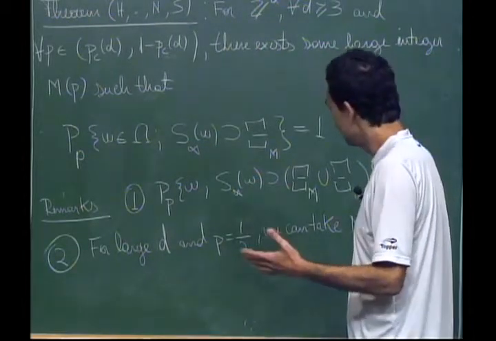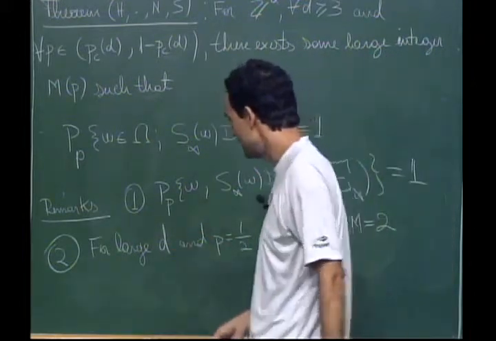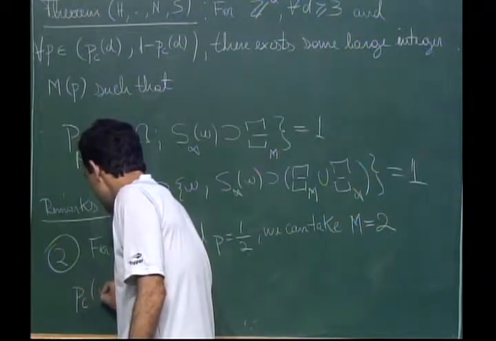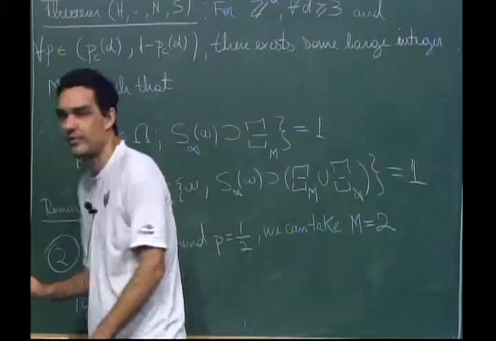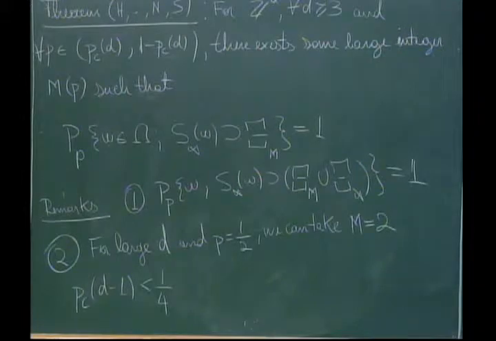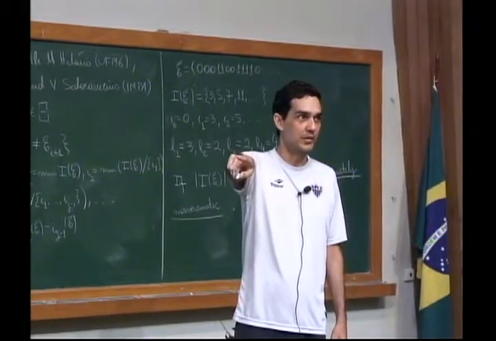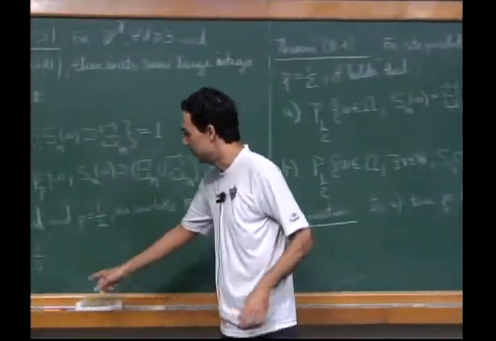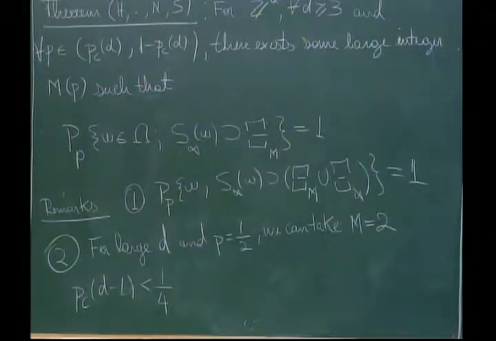First of all, what is large enough? D is large enough if pc of Z^(D-1) is less than 1/4. It's a simple exercise of percolation to prove that pc of Z^D goes to 0 when the dimension goes to infinity. So, for some D large enough, the percolation threshold becomes less than 1/4.